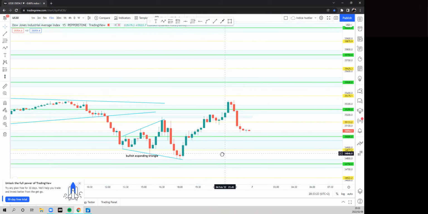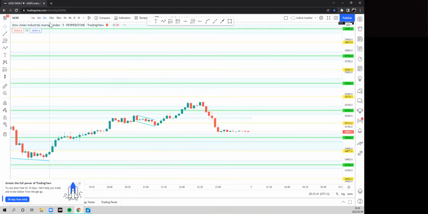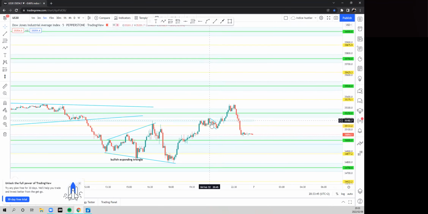I see another pattern here. Here's another pattern. This is a bullish flag. Look what happened. Price went up. Let's drop a time frame. Clear as day. So what do we want to do now?